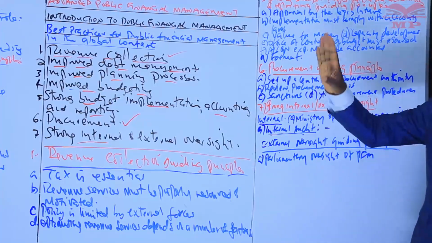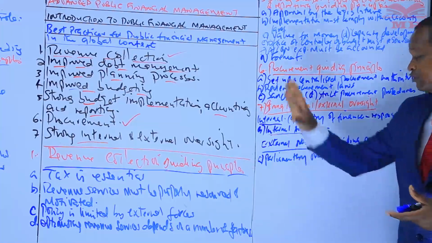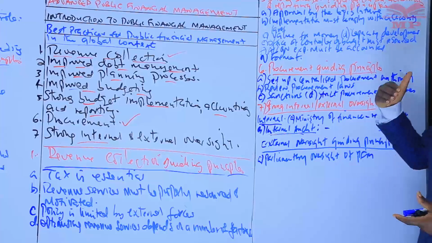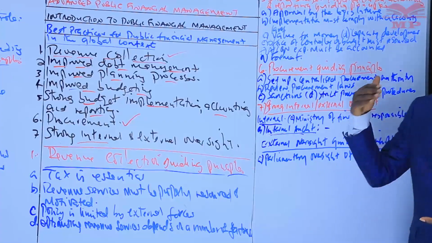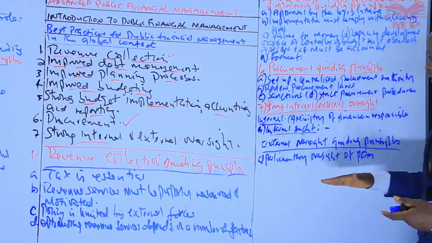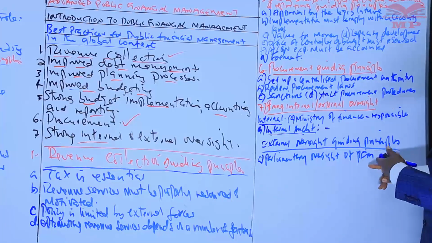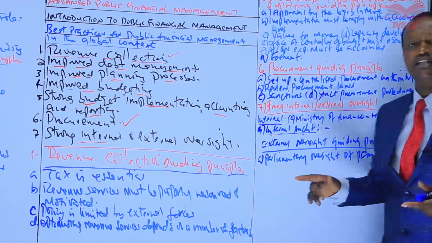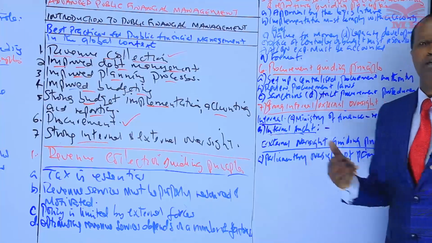So all forums should be open to the media and public. All forums, whether it's through the debates, whether it is through raising questions, whether it is through tabling of documents, when Parliament carries out oversight of the public finance management system, it has to be open to the public, it has to be open to the media.